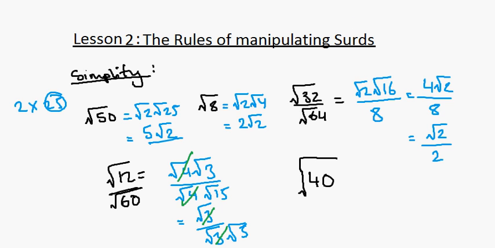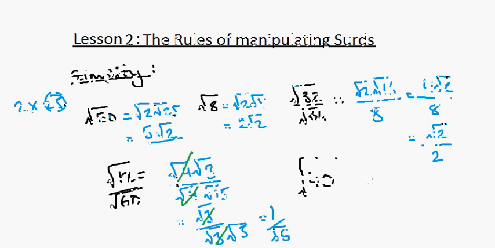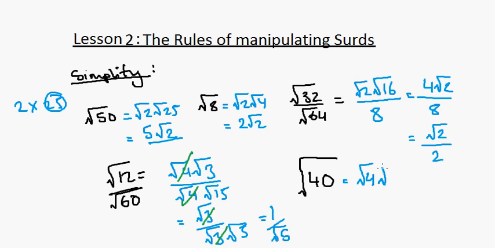So now we have 1 over root 5, which looks like something I can rationalize, but let's not get too carried away. Those are for the later stages of the videos. What makes 40? We can have the square root of 4 times the square root of 10, and we can simplify that to 2 root 10. And that's all the examples.